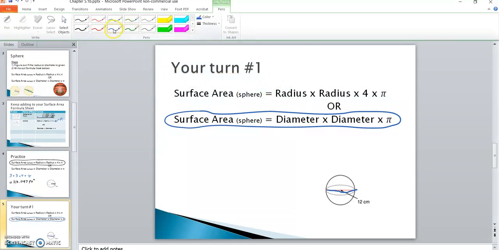Okay? So we've got the diameter, which is 12, times the diameter, which is 12, times pi. So again, go ahead and do that in your calculator. And then I want you to write down the unit.